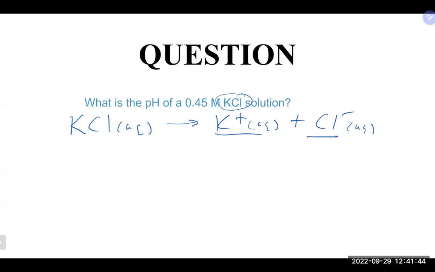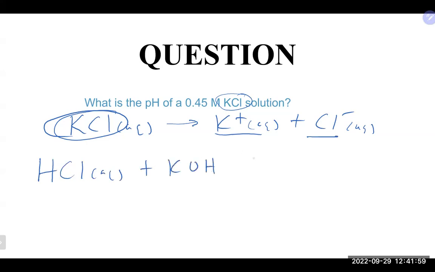So once again, we could look at the salt and think about where it might have come from. What acid maybe would have worked here? HCl, yeah. And potassium hydroxide is probably the acid-base combination that produced this.